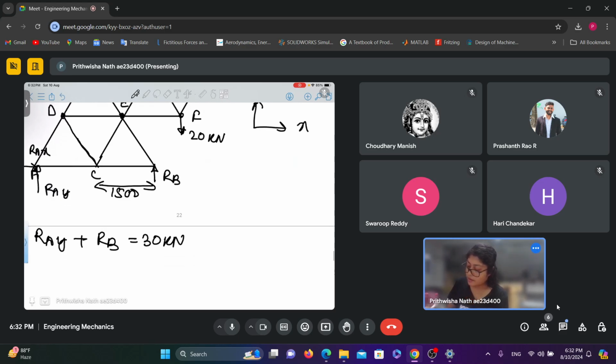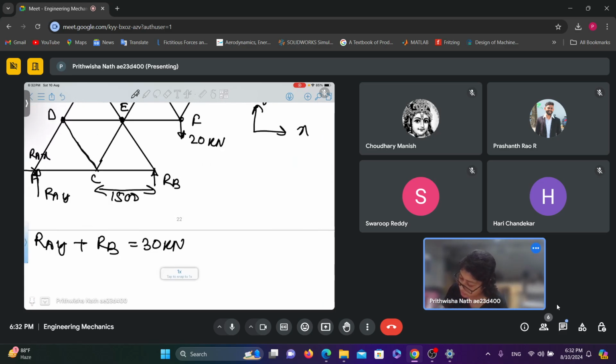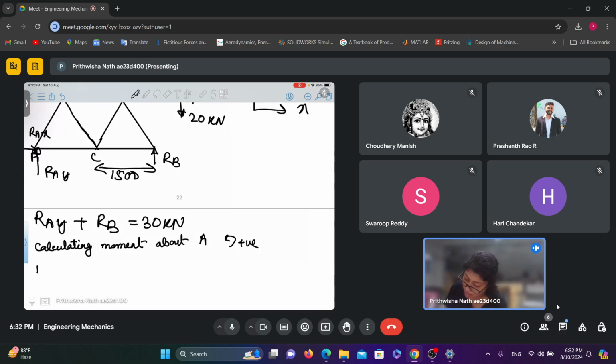Now I will compute moment about the point A. So RB into 3000 minus of 20.